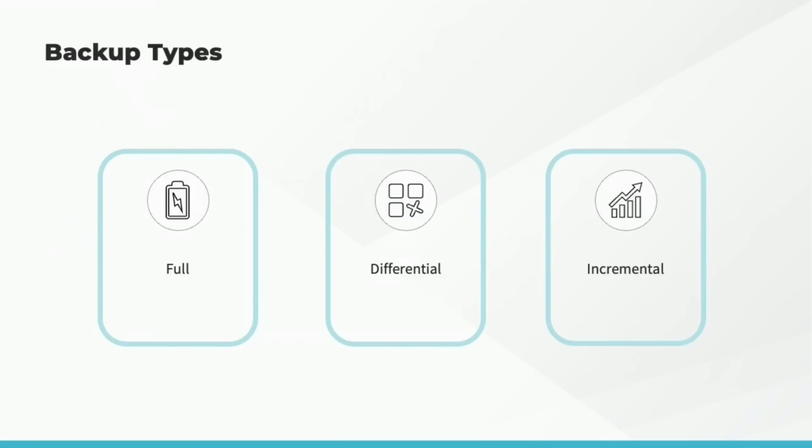The same thing would then occur on Thursday. The incremental would look back to Wednesday's incremental and only back up those changes, whereas the differential will still look back to Monday. In short, an incremental backup will look back to either the previous full backup or the previous incremental backup, but a differential will only look back to the previous full backup.